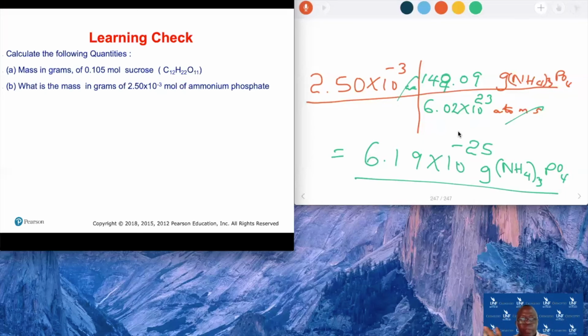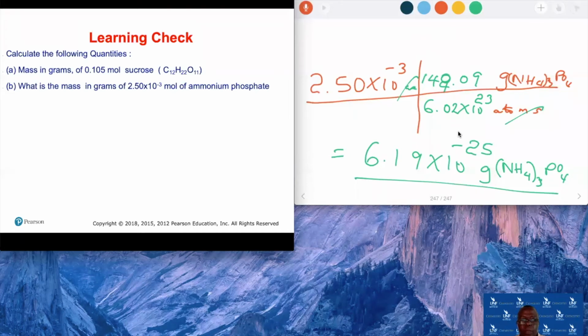That's a concept of its own that we learn. And then there is also the concept of writing the correct formula for an ionic compound or molecular compound using the prefixes.